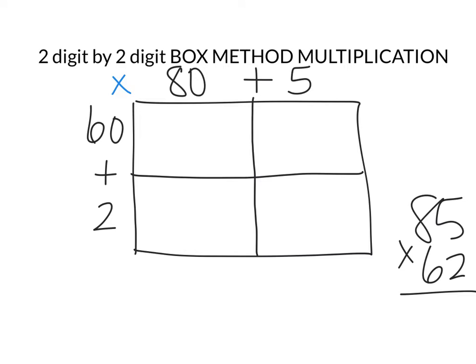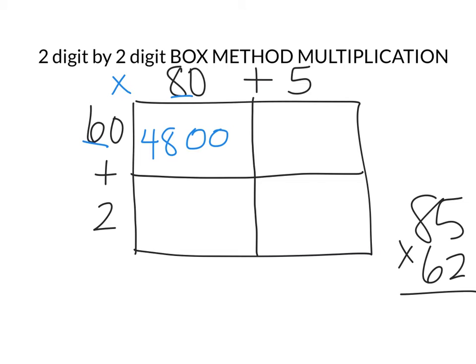Make sure you put your zeros. Some of you forgot your zeros in your partial products on the work you turned in. Don't forget your zeros. So then I have my basic fact of 6 times 8. 48, said someone behind me. Good job, Moses. So there's my partial product, 4,800.